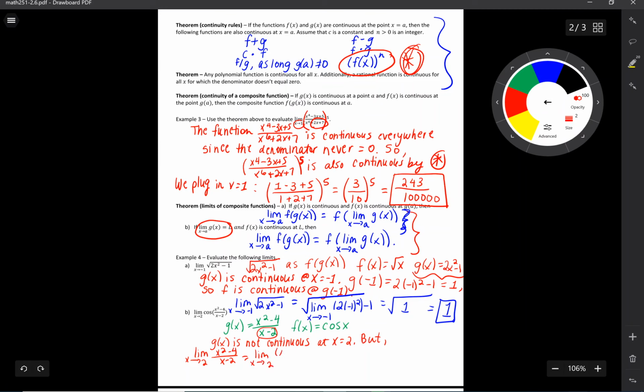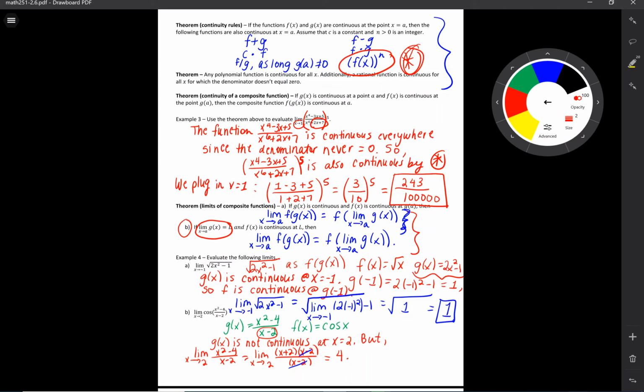The top factors as x plus 2 times x minus 2 over x minus 2. My x minus 2's cancel out. And I plug in x equals 2 and I get 4. So my limit does exist at the point x equals 2, even though g is not continuous there. So I use part B of this theorem. Even though I'm not continuous at the point x equals 2, I still have a limit.